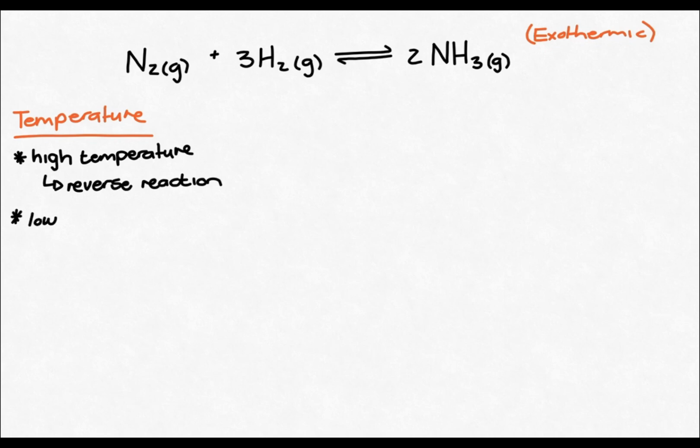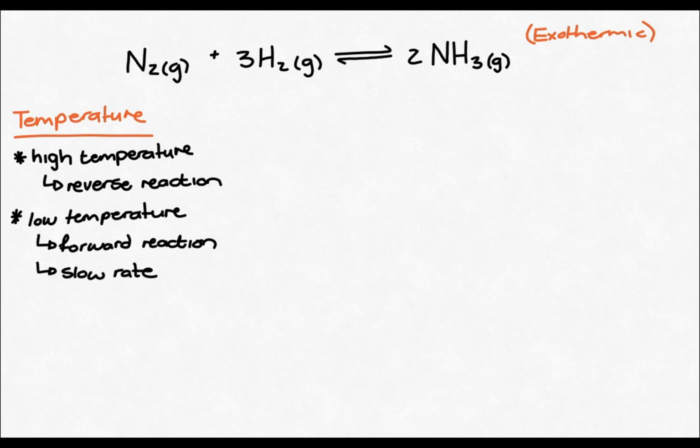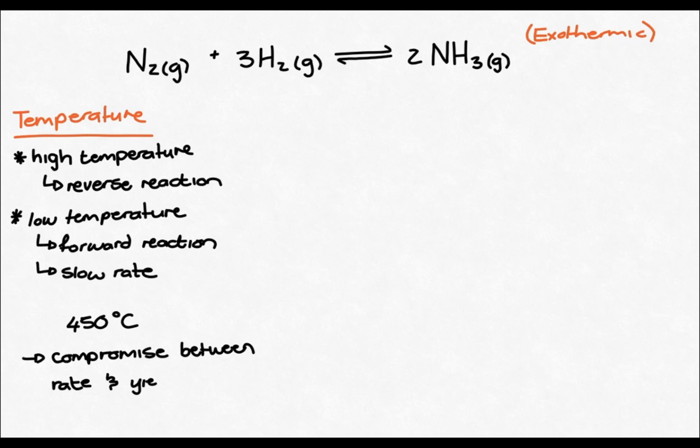But if we decrease the temperature, then the forward reaction will be favored, meaning that we yield higher amounts of products. But if we lower the temperature, it also decreases the rate of our reaction. So we need to compromise. For this, scientists have chosen 450 degrees Celsius as a compromise temperature between lower yield of the product being made and increasing the rate of the reaction.